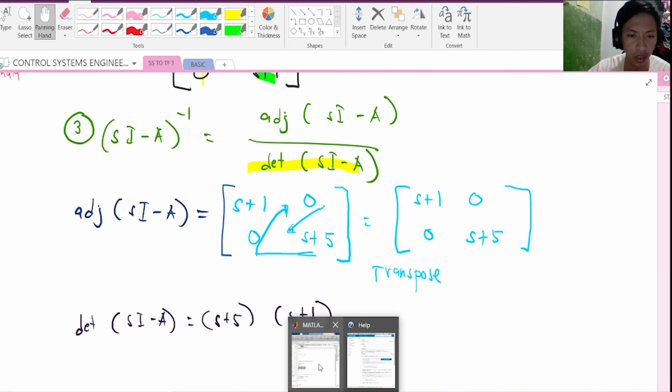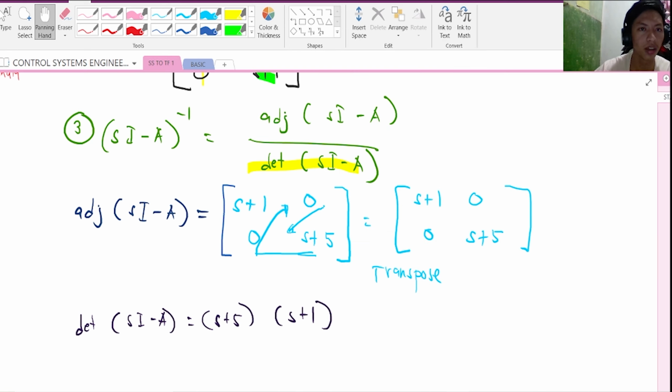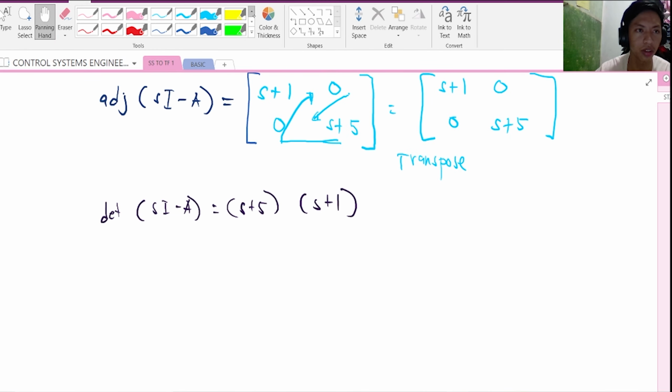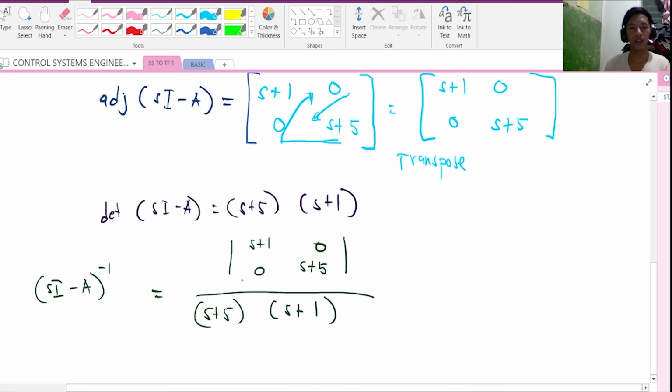Also, you could check it using our code. As you can see, s plus 1, s plus 5. Rewriting this would result in the numerator being this one and the denominator being this.